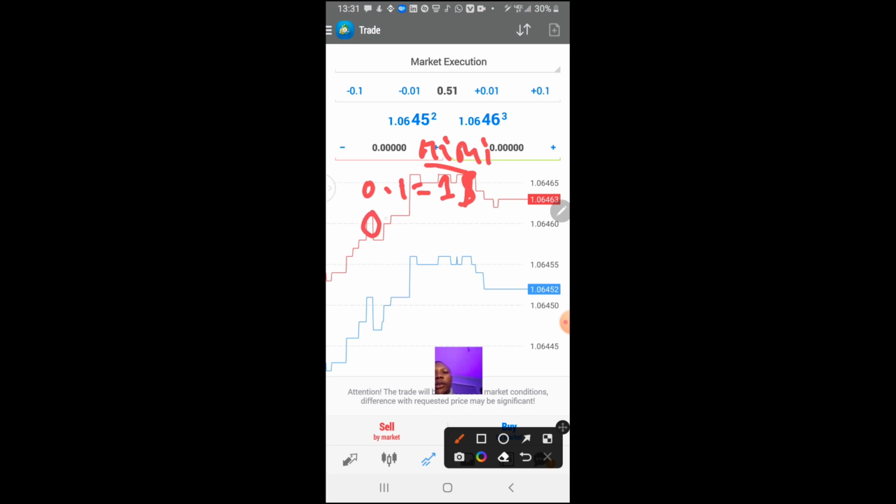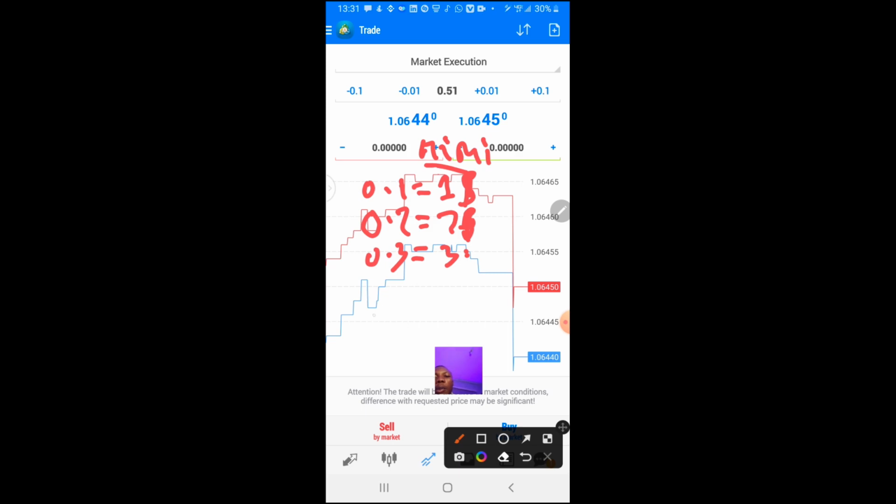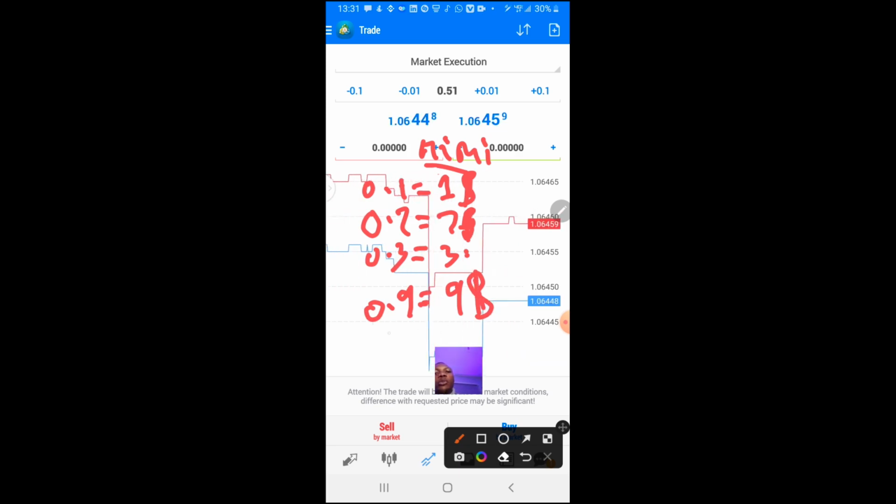So we go again, 0.2, which is the same as 0.20. Don't be mistaken. Okay, it's equal to $2. 0.3 is equal to $3, right up to 0.9, which is equal to $9. So if you are using any lot size, you should be able to differentiate.